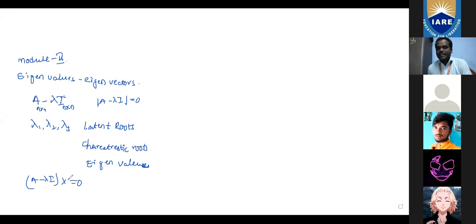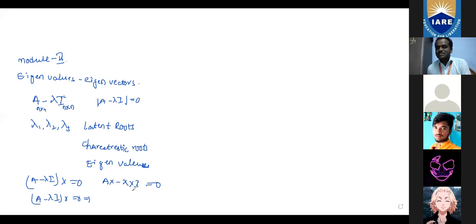Simplifying, Ax minus lambda xI is equal to 0.